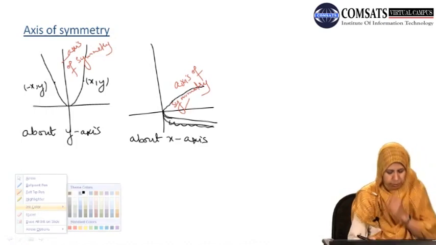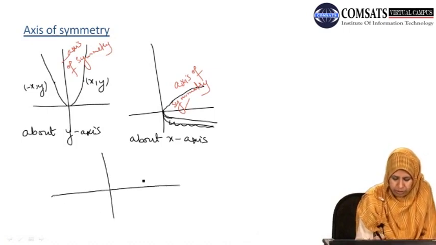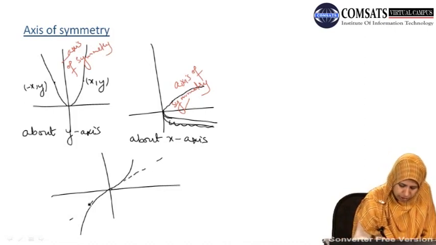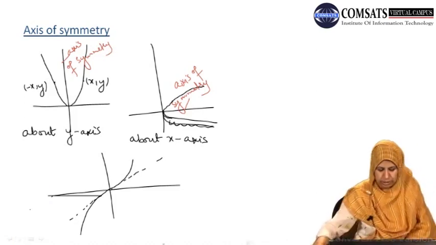Now the last type of symmetry, that is symmetric about origin. Okay, we draw this dotted line some more on this side, erasing the extra lines.